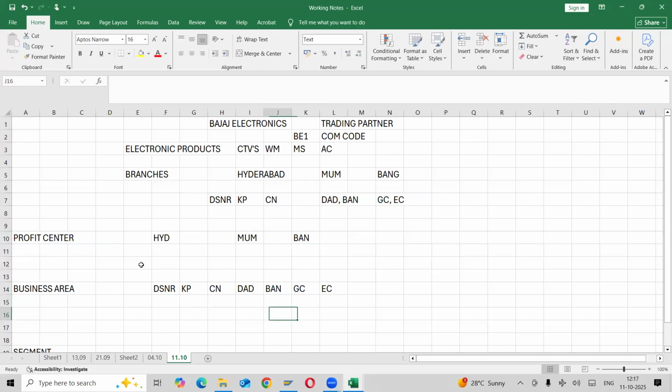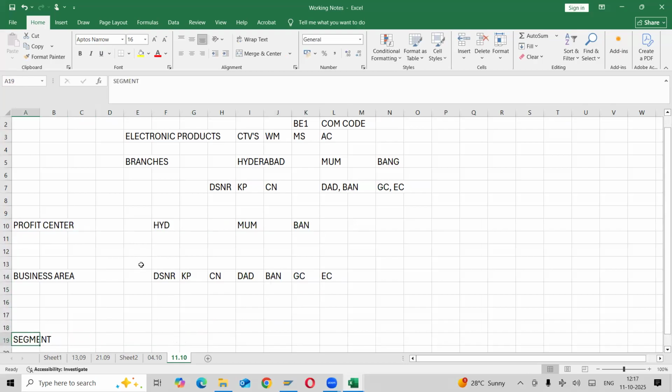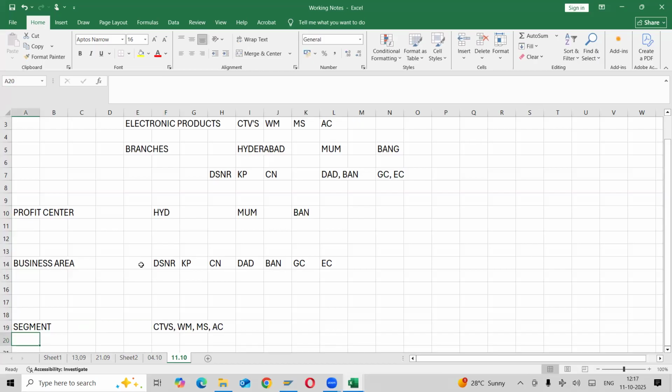And I have a segment. Now I am selecting my segment as per the product. So my segments are color TVs, next one washing machines, music systems and air conditioners.